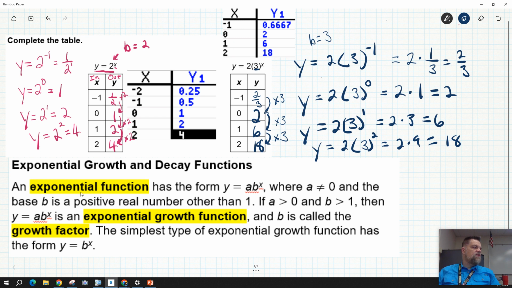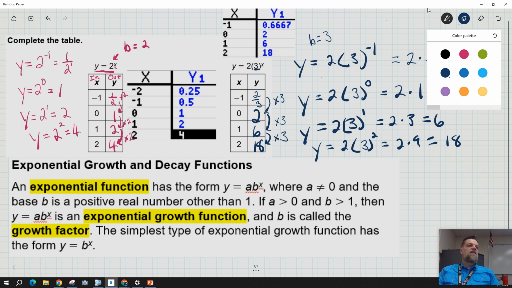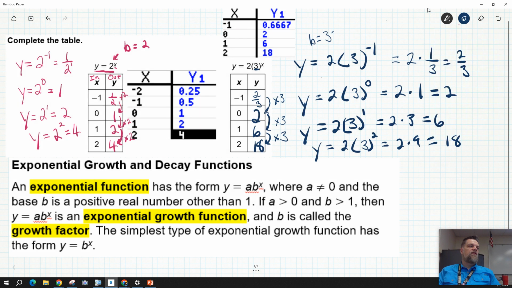Well, it says that an exponential function has the form y equals a times b raised to the x, where a cannot equal 0, otherwise it's just 0, and b is a positive real number other than 1. If a is greater than 0 and b is greater than 1, then it's exponential growth. B is called the growth factor. So this would be the growth factor of 3.